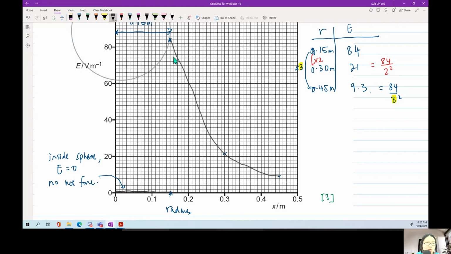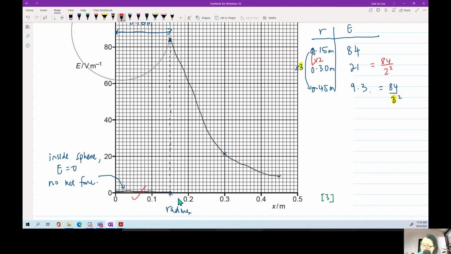Okay, so your graph looks like this. If you want, you can draw a dotted line. The dotted line is not necessary. Okay, so where are the 3 marks? The line E equal to 0 here will have 1 mark, from 0 to 0.15.